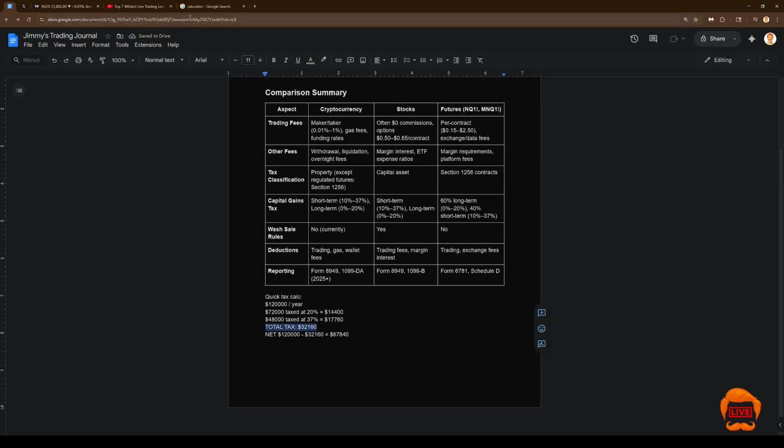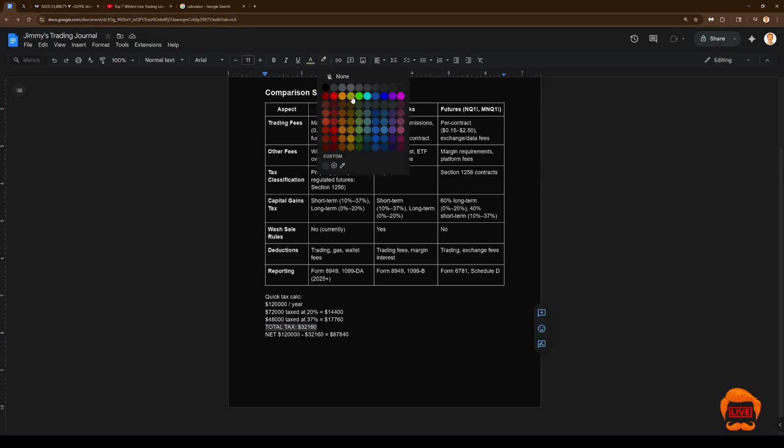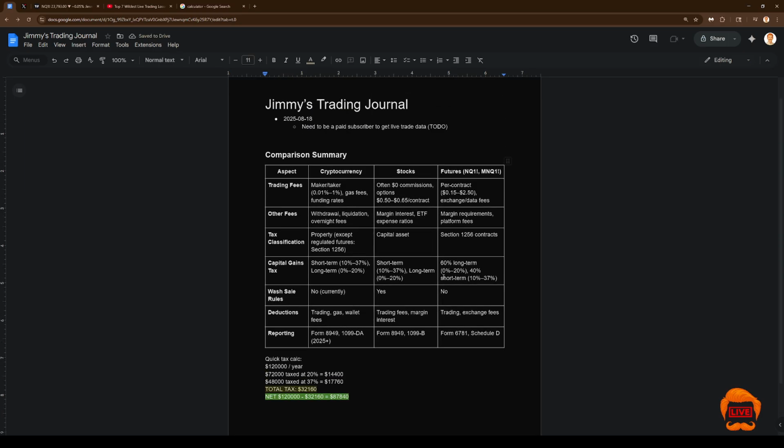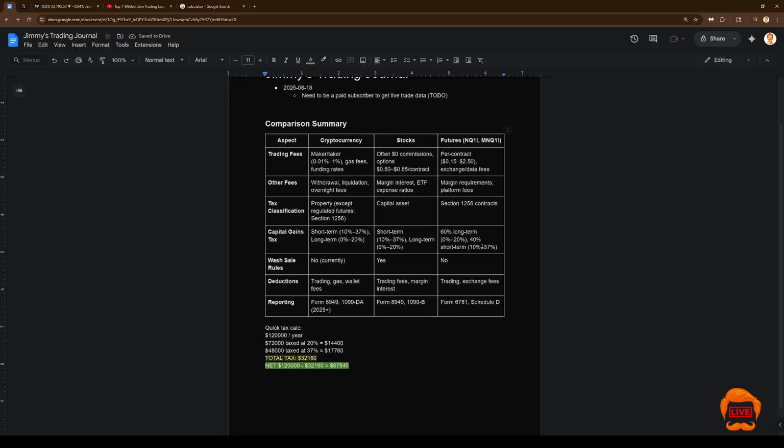So this would be what you pay Uncle Sam come tax time. This would be your final take home. Do that one. Okay, so that's good to know. It looks like taxes is the main benefit here.